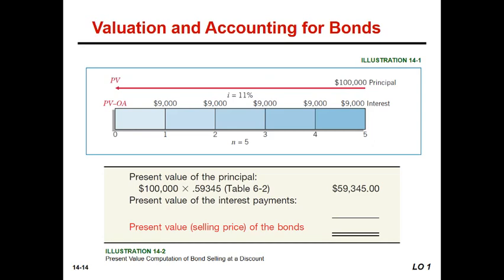Knowing what this breaks down to in present value will be $33,263.10. So our current present value, or the selling price of the bonds, is going to be $92,608.10. Now, this is a $100,000 bond issue.